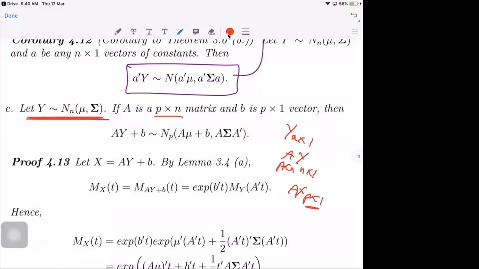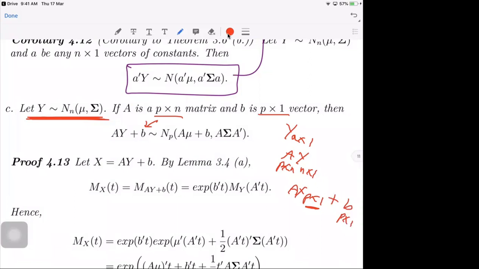It becomes a vector. And you also add a vector B, so it should be P by 1 to be conformable, plus B, that is P by 1. So what you are going to produce is a P by 1 vector.